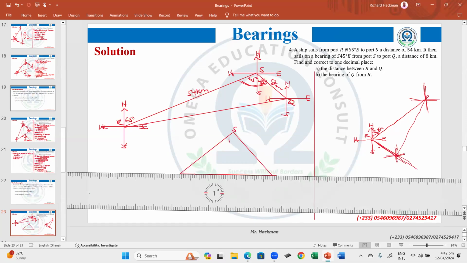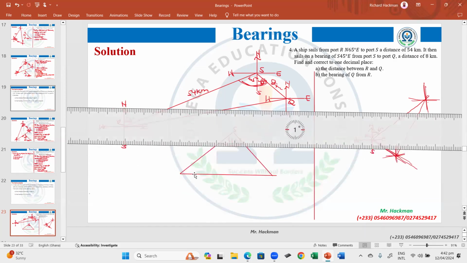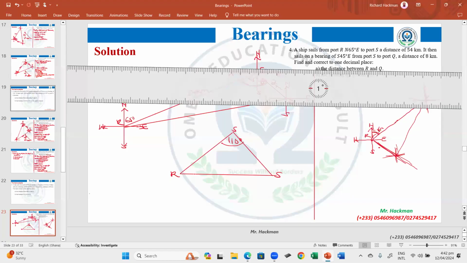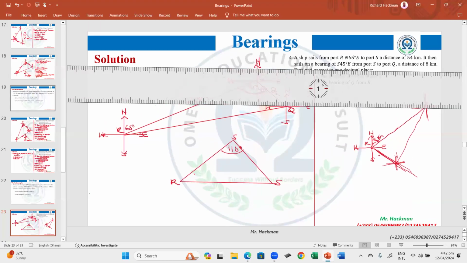So this is the 110 degrees. I can fix my other two anywhere. So maybe I have my R, I have my S.